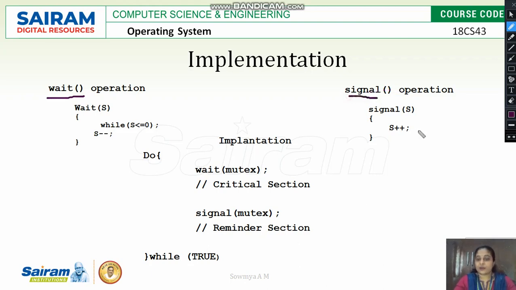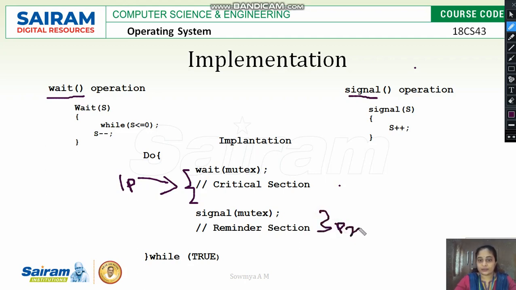Under the signal operation we are incrementing the value of s, under the wait operation we are decrementing the value of s, because continuous waits will decrease the s value continuously, and if I come for the signal operation, then it will signal that the process which was under the critical section has come out to the remainder section. The implementation of the critical section is allowed only for one process at a time, so the other process can be executing in the remainder section.